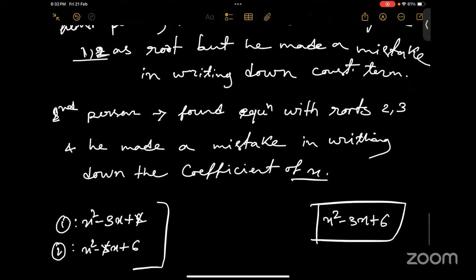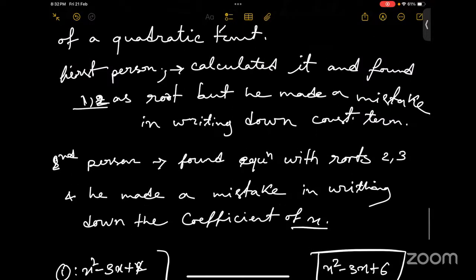See, we want to find the equation. The first person found the equation with roots 1 and 2, so we can calculate the equation whose roots are 1 and 2, right? But he made a mistake in writing down the constant term.